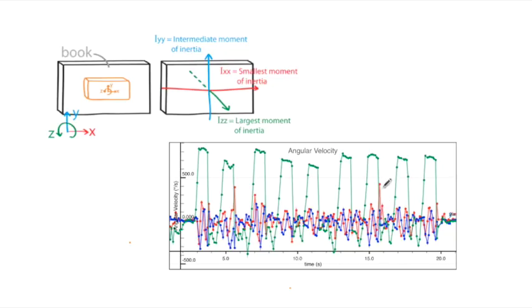A couple times we have a little bit more rotation on the x-axis, as you see in the red spike. That just means maybe these two throws weren't as stable as the other throws, but still the rotation was fairly stable about the z-axis.